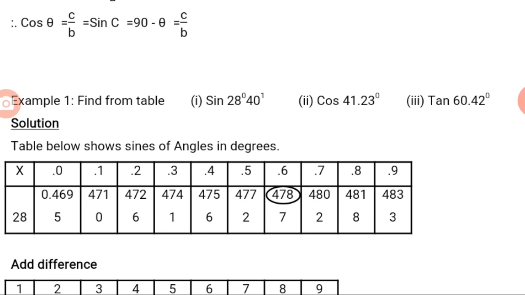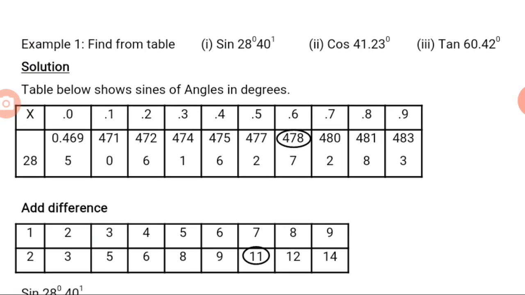Now, the first one we want to look at is sine 28 degrees 40 minutes. The table below shows sines of angles in degrees.